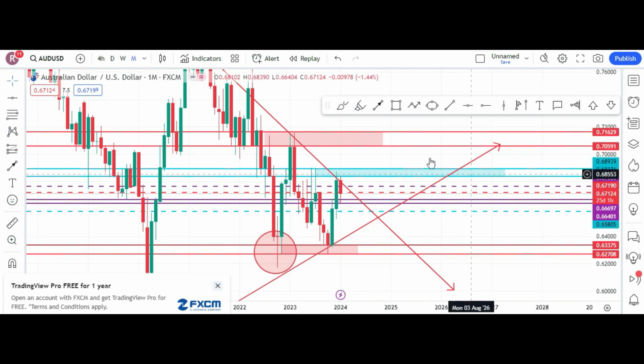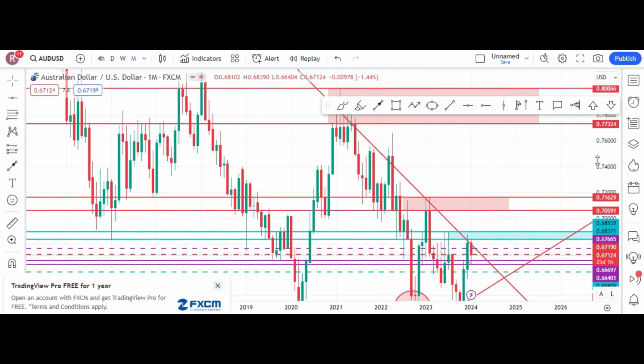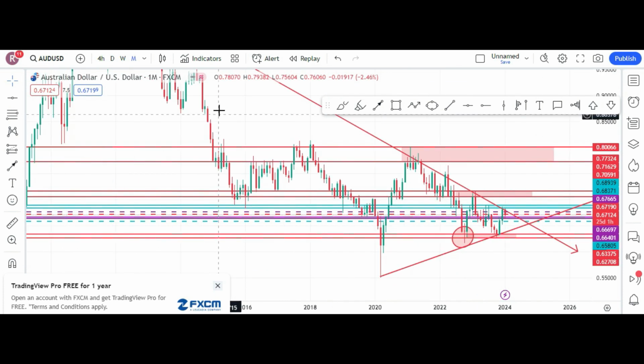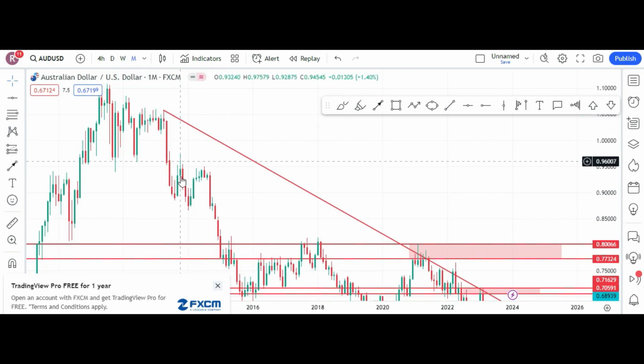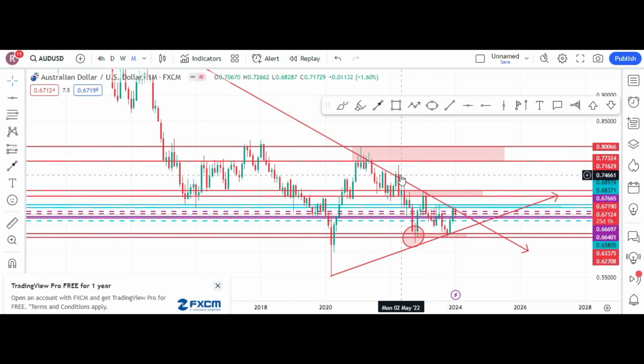When it touched here for the first time, let me show you, the whole thing came down here. It pushed it back here, touched the trend line, pushed it back. But this time it didn't create a lower low, it's a higher low. Again, it touched it, came here, touched it, pushed back, touched it, created a higher low. And this time it is touching here.